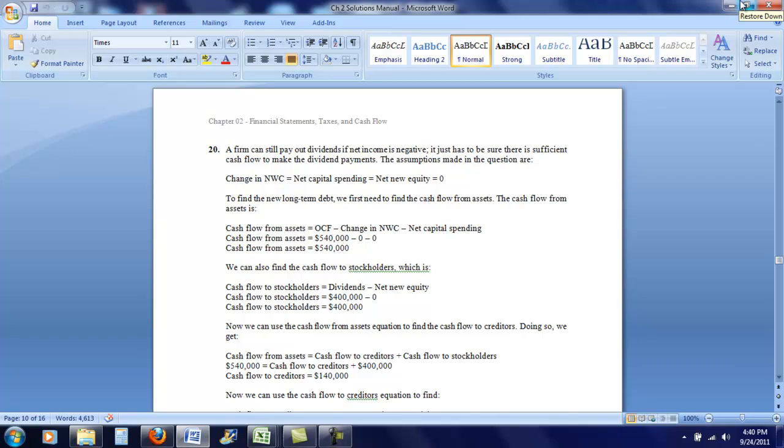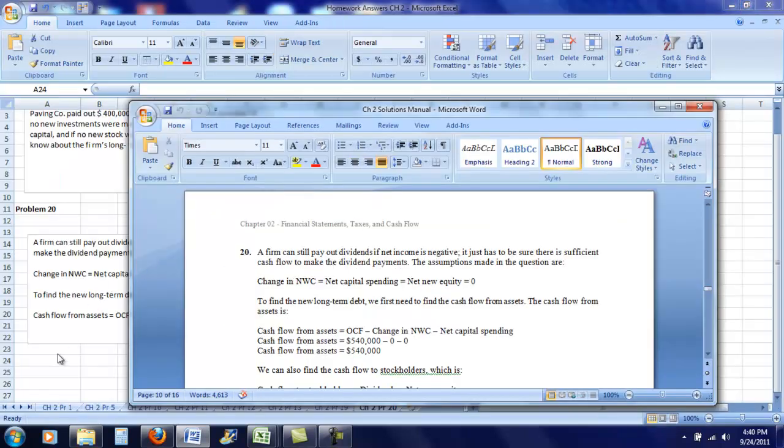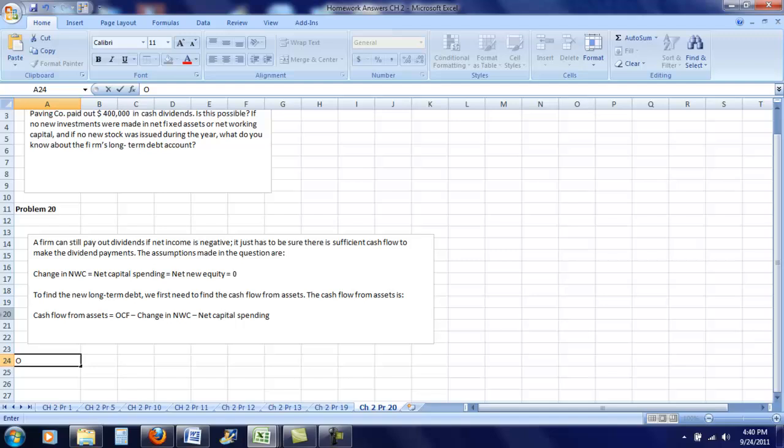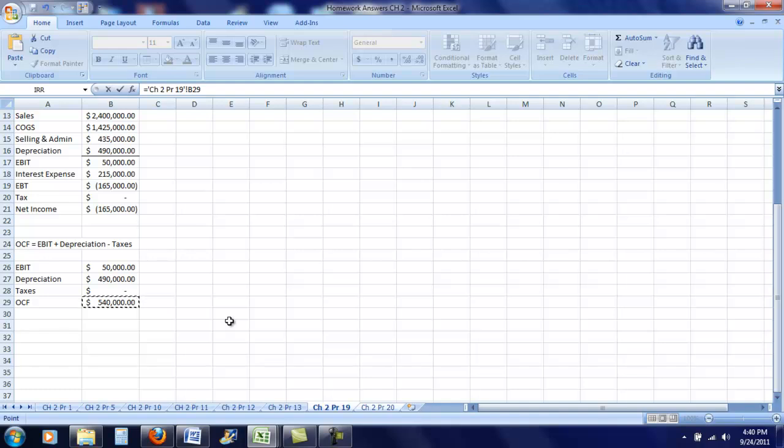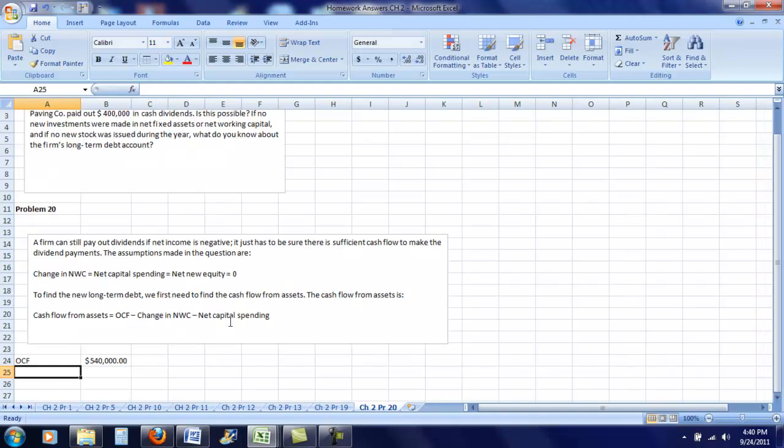So we have operating cash flow, which we already solved for in problem 19, and our operating cash flow is $540,000. The problem states that we have no change in net working capital, and that we have no net capital spending.